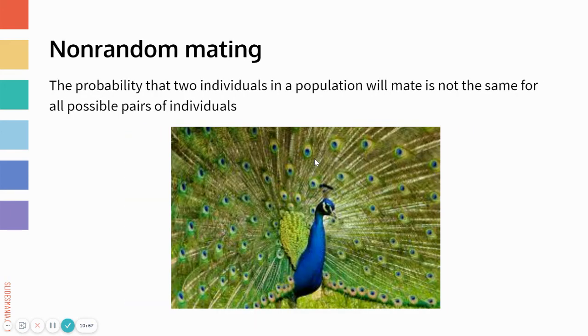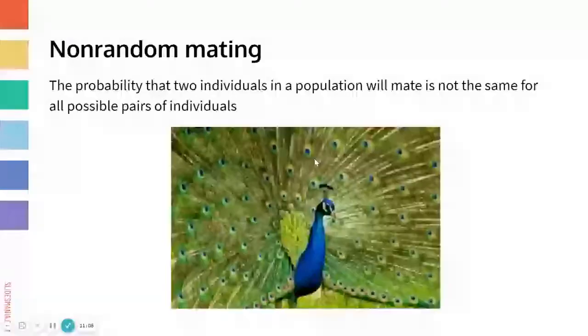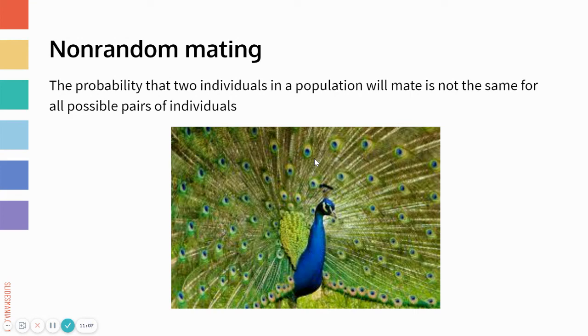And then finally, we have non-random mating. This is the idea that it's not equally likely for any two potential pairs to mate with one another. So this brings into the equation the idea of sexual selection, and some traits that help an individual attract a mate aren't necessarily beneficial for their survival, right?